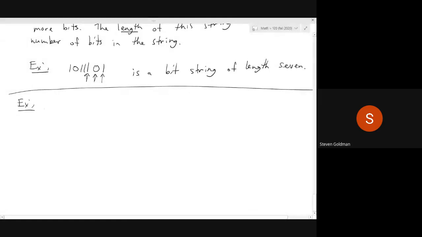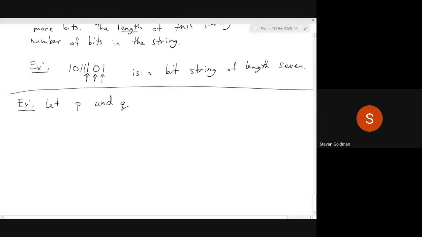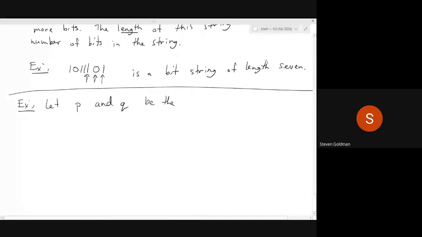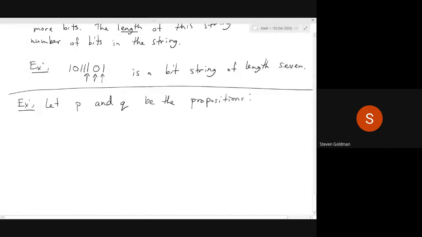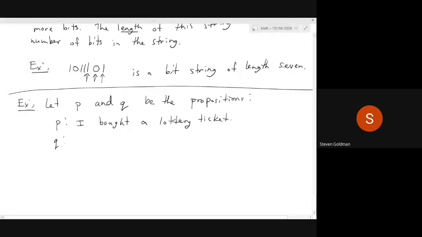Let P and Q be the propositions. Let's say P is the proposition, I bought a lottery ticket. And Q is the proposition, I won the jackpot.